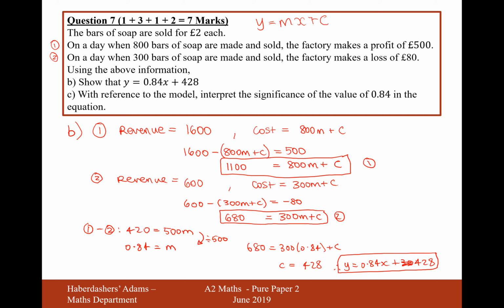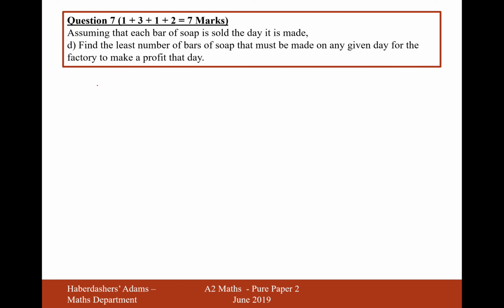The revenue is going to be 2x, how much money they bring in, which is 2 times the number of bars of soap sold, minus the cost, which is 0.84x plus 428. That must be greater than 0 because we want to make a profit.